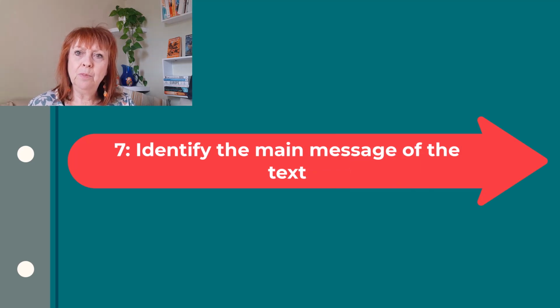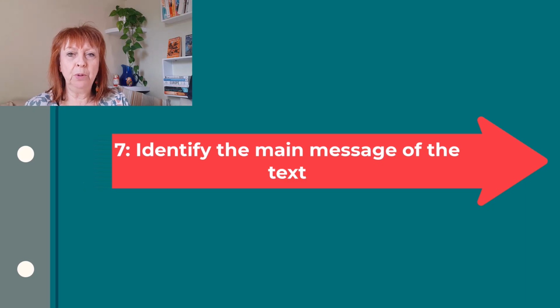Sometimes there's more than one idea across a text, but which one seems the most important? A good way to start thinking about this is to read each paragraph first and decide on the main idea or piece of information in each paragraph. This will help you to start thinking about the main overall message.